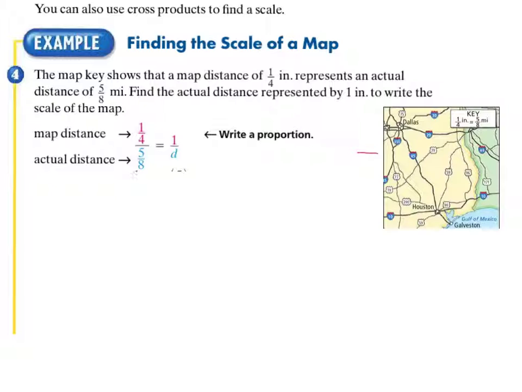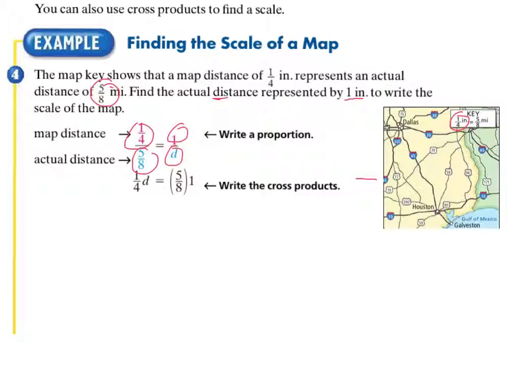Now, our proportion that we're going to set up, we're going to have our 1/4 from our key go here, and then our 5/8 of actual distance goes here. Then what we're trying to find out is 1 inch, which goes there, and the amount we don't know is the distance represented by D here.